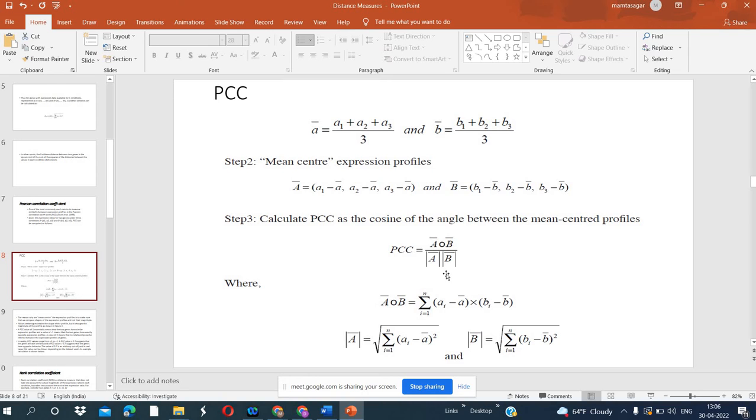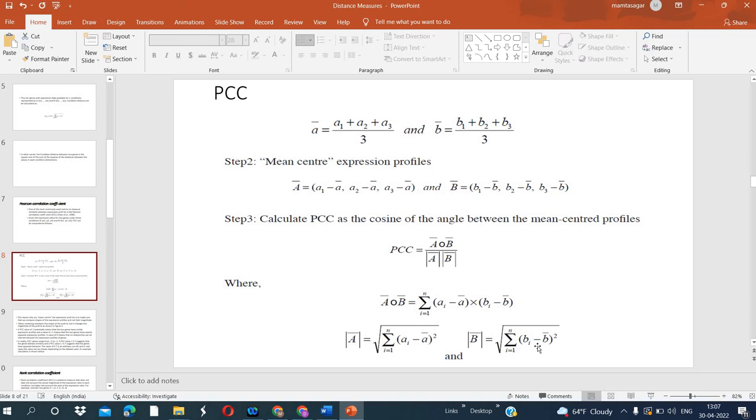You just have to put the values there, and do this for all the genes using the expression data of different conditions. In that way we can calculate the cosine of the angle between the mean centered profiles.